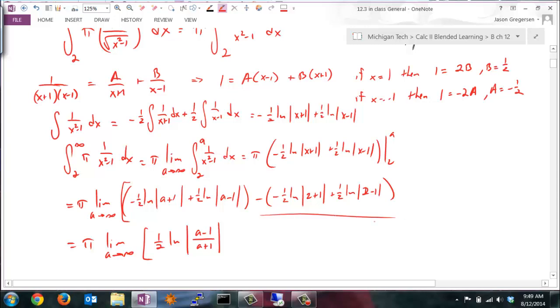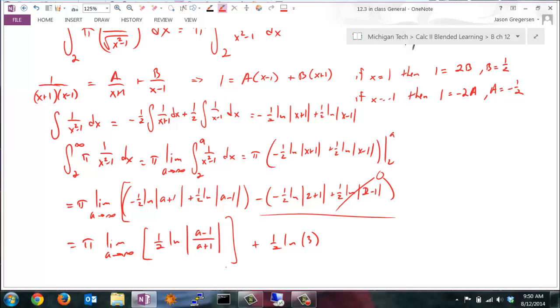And of course I have my other stuff over here. This one's going to be 0, and this is going to be plus 1/2 the natural log of 3. Everybody see how I combine those two logs? I basically have this log minus this log. Got the difference of logs, I can write them as log of the quotient.